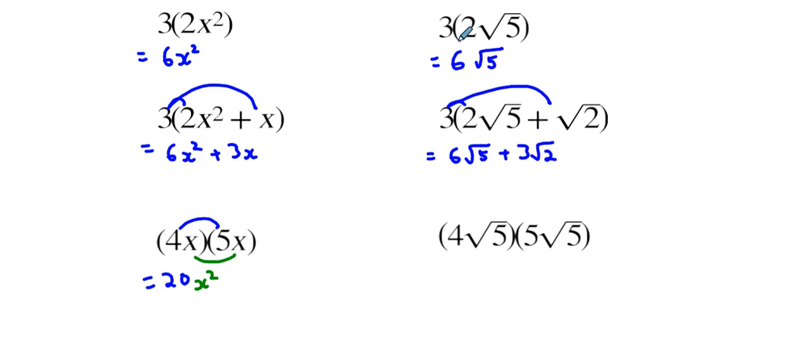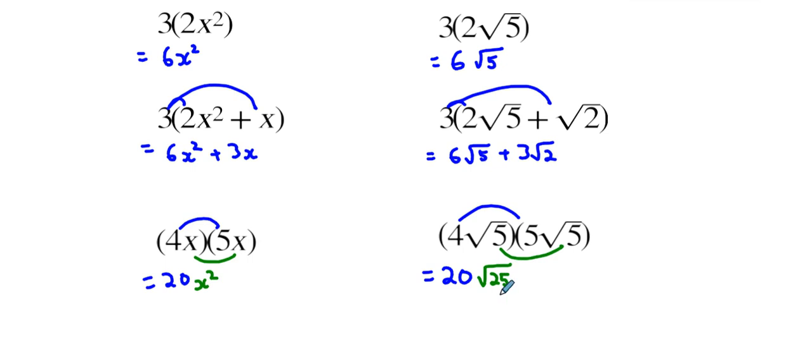I'm going to multiply the 4 and the 5, and that's going to give me 20. And then I'm going to multiply the root 5 times root 5, and that's going to give me square root of 25. Now, however, unlike the 20x squared, I can do more here.